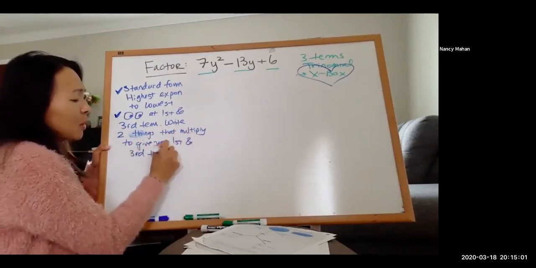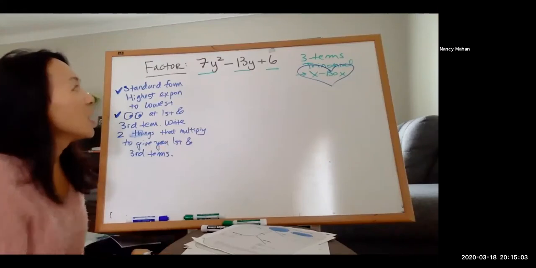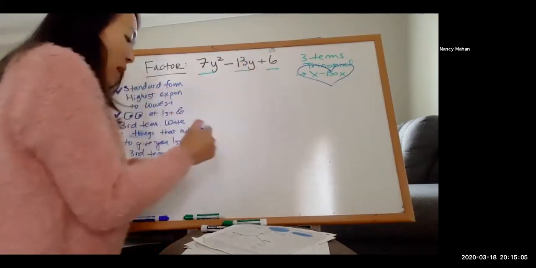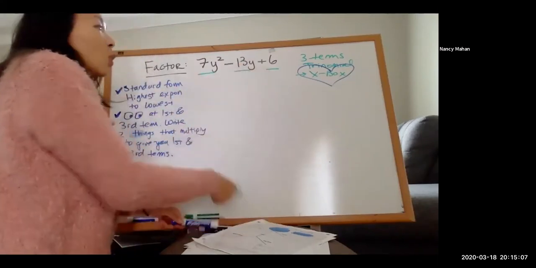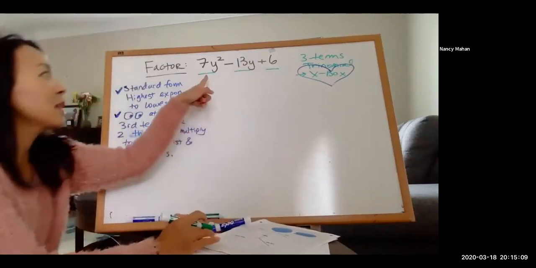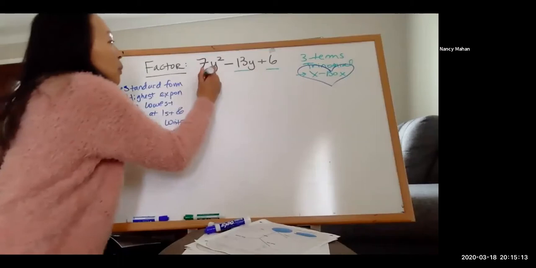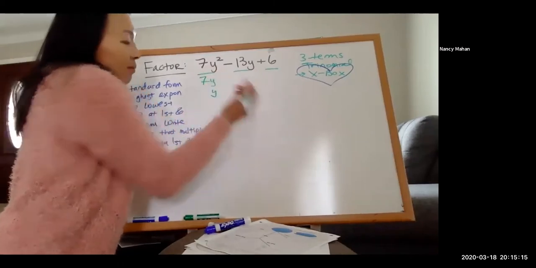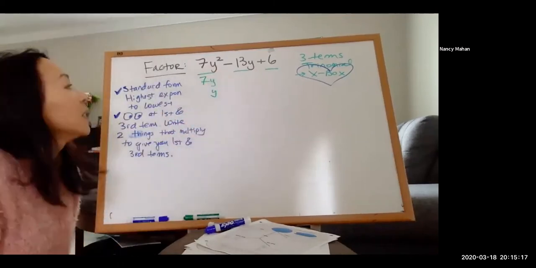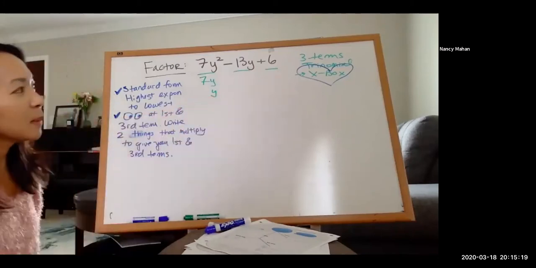This sounds more confusing than it is. I'm going to look at the first term and the last term, and I'm going to ask myself, what two things multiply to give me 7y squared? Well, that would be 7y and y. That's the only option.